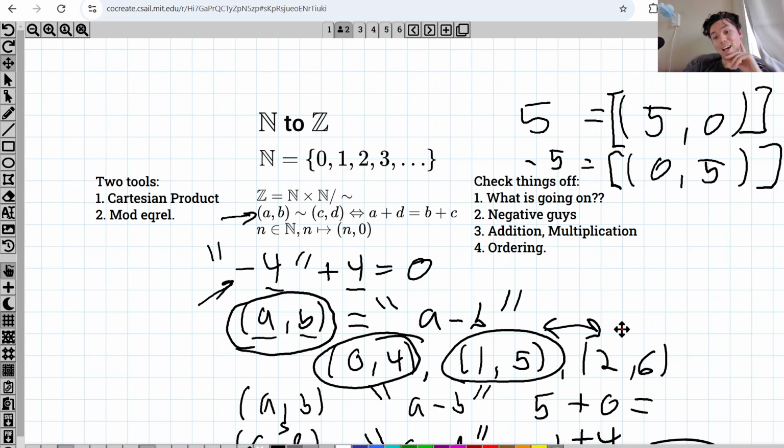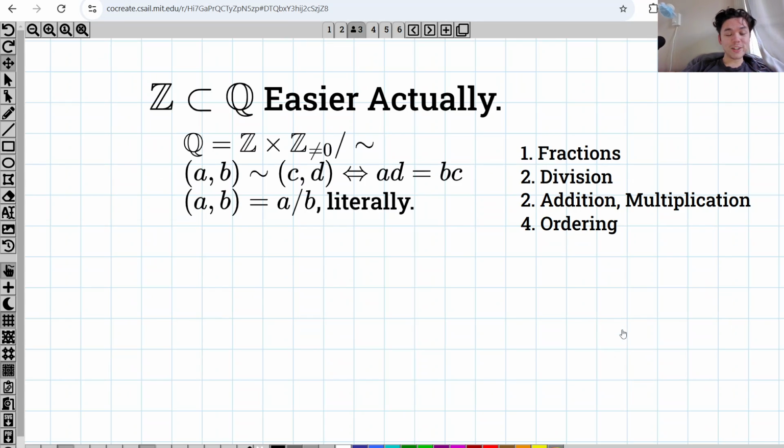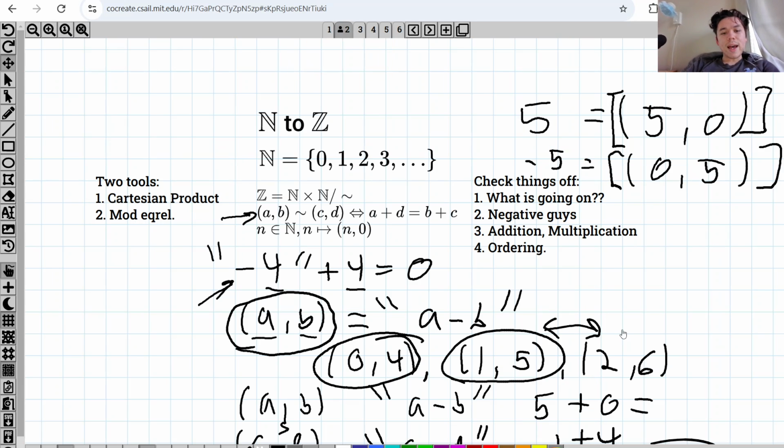And something that might help with this type of construction is the second step, which is going from the integers to the rationals. The reason it might help is because we're going to do essentially the exact same operation. What we were doing with the natural numbers before is that we don't have a way of subtracting.